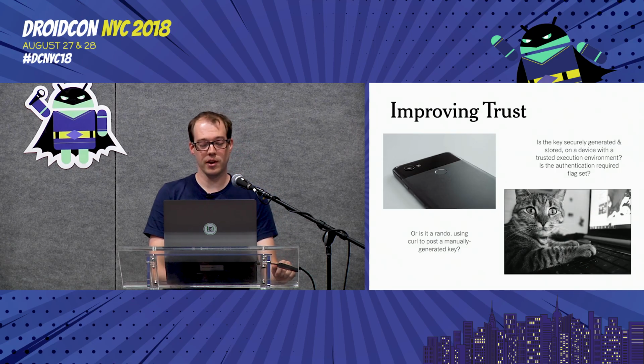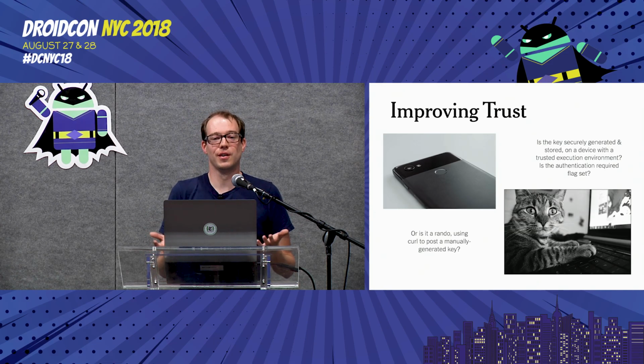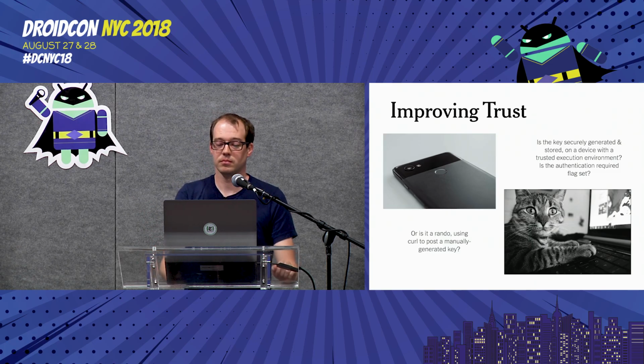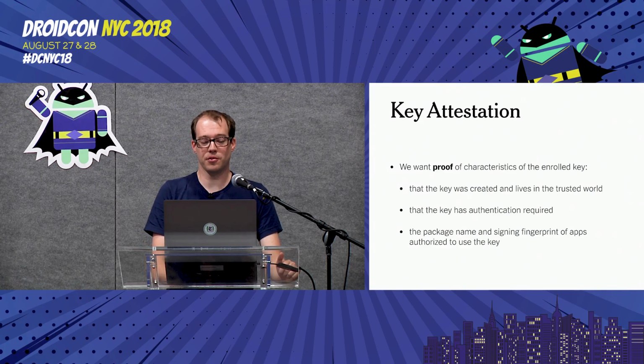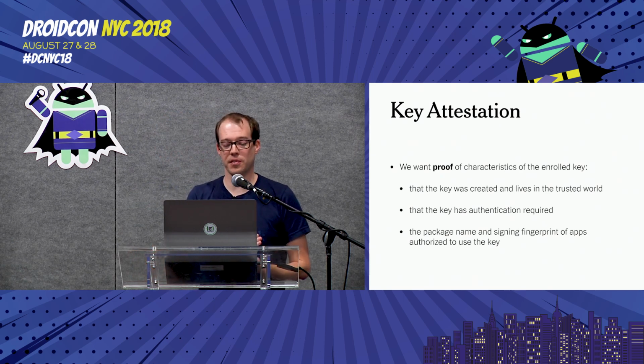Or is that key generated by a rando who's used OpenSSL to make a key on the command line, and they're using curl to post it? So how do we know where the key has come from? So what we want is proof of characteristics of the enrolled key. We want to know that it was created in the trusted world. We want to know that that flag was set.